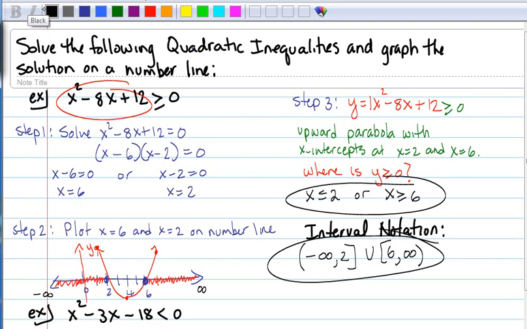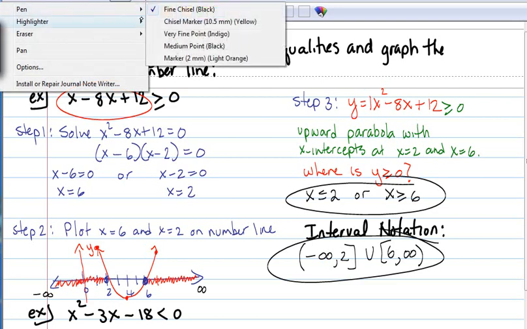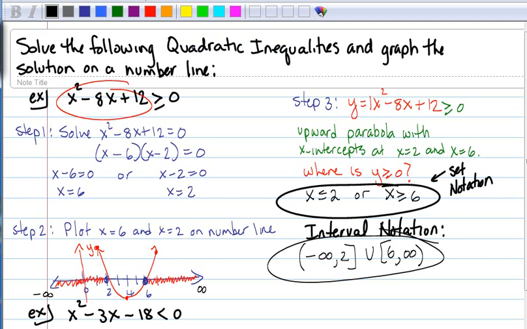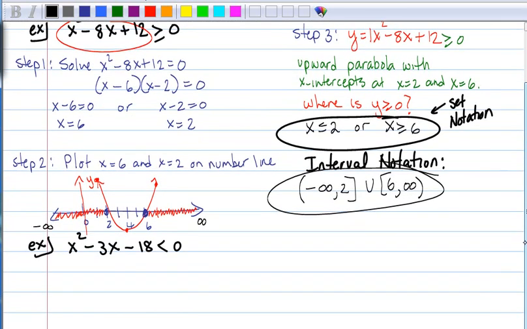So if they ask for the answer in interval notation, you write the second one, and if the answer is in set notation, you write the first one. Okay, that is that one. So let's do the same thing for our second problem.